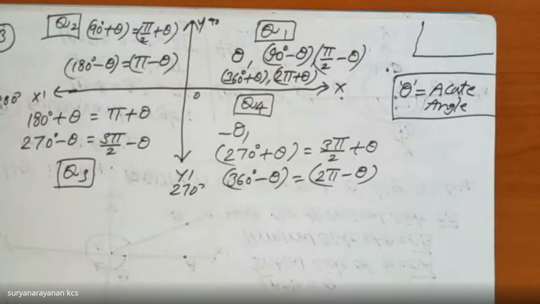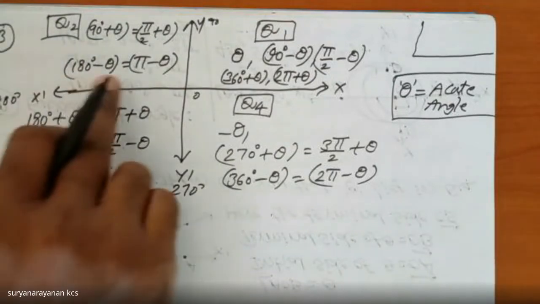Very simple logic, my children. 270 degrees plus theta means more than 270. Plus means more than that angle, minus means less than that angle. 180 degrees minus theta means less than 180, so which quadrant? Second quadrant.